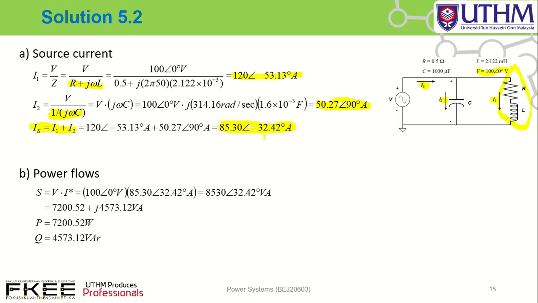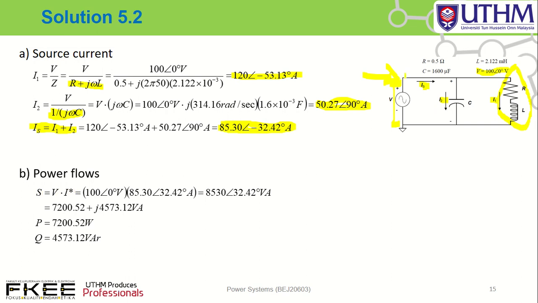So for the next question, find the complex power. How to determine the complex power supplied by the source? We need information of currents and voltage, because we know that complex power equal to Vrms times Irms conjugate.